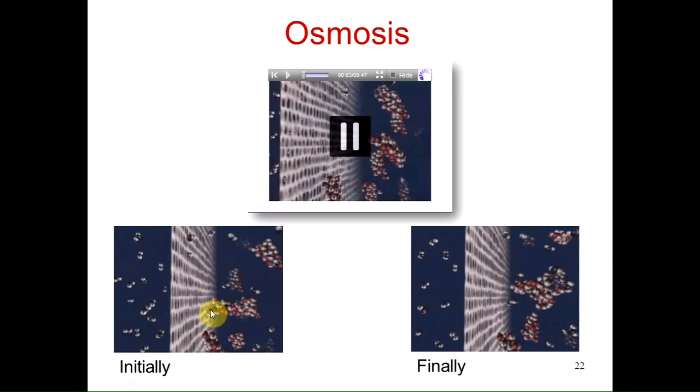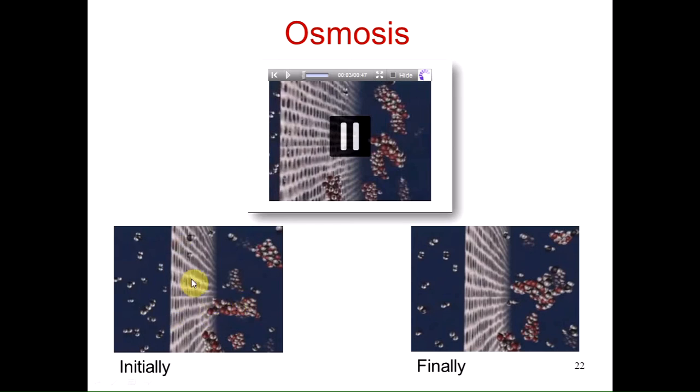Because of the tendency of things to mix, the water molecules will move through this osmotic membrane to dilute this concentration over here, because it wants the concentrations on both sides to be the same. It won't ever be the same, but it's going to try to reduce the concentration, so the water is going to flow in here.